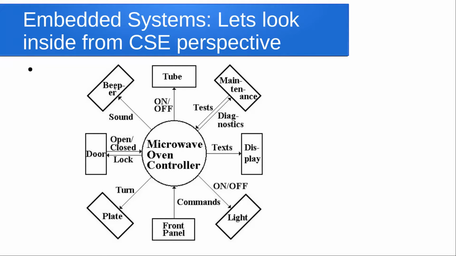Then you will have a beeper, which is a kind of output. You should remember the direction of the arrow lets you understand whether it is an output device or an input component. Right? For instance, in the microwave oven, there is a microwave tube which generates microwaves that, when incident on the food, if it contains some kind of liquid component, the liquid gets heated and eventually the food gets heated. Right? This is an important actuator of a microwave oven.